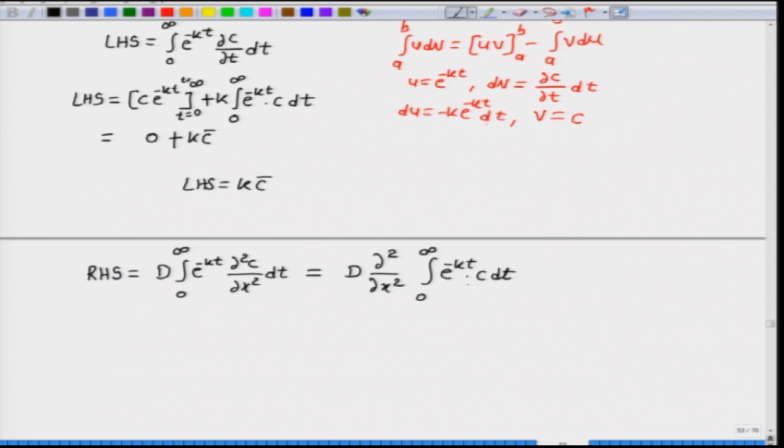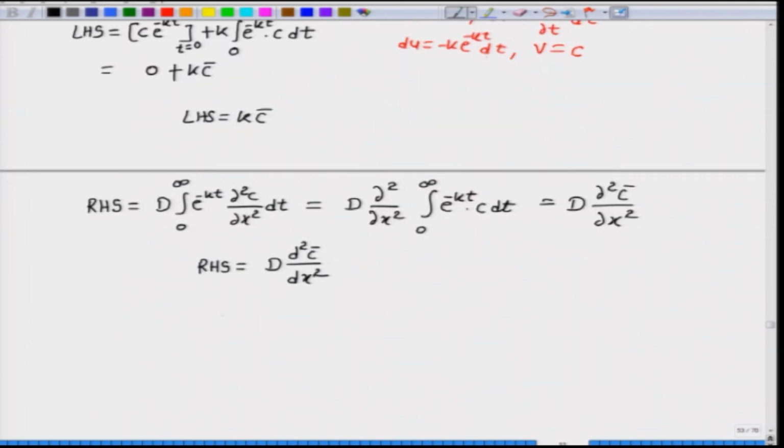And again this integral is the Laplace transform of c. So, we can write RHS is equal to D ∂²c bar/∂x², and c bar is now not dependent on time, and so we can replace partial derivative with ordinary derivative. So, RHS becomes D times d²c bar/dx².